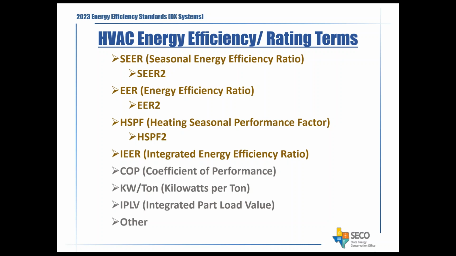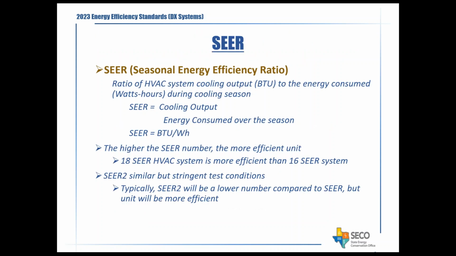But the major changes we are covering are in the DX system. So we'll be covering each of them very briefly because it is important to have an idea of what this is, how you compare it to what was in the past, and a basic understanding of these terms that you will see very often.